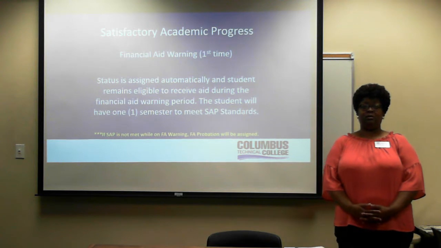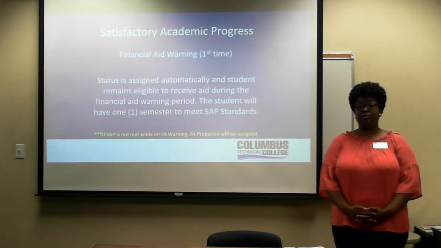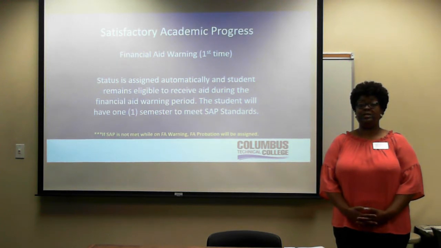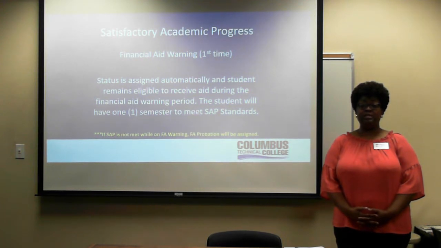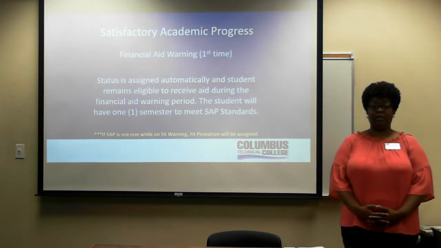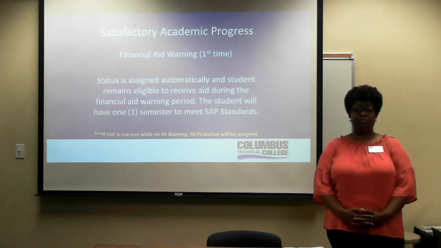So again, if you find yourself not meeting satisfactory academic progress, you will be assigned the status of financial aid warning. The financial aid office will give you 1 semester in order to make improvement. But the good thing is, even while you're on financial aid warning, you will receive financial aid even under a warning. However, the critical thing is you must make improvement.